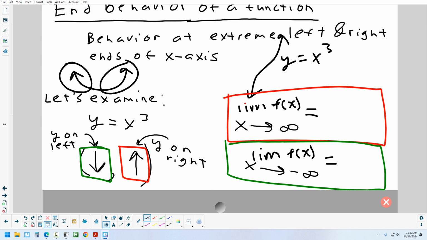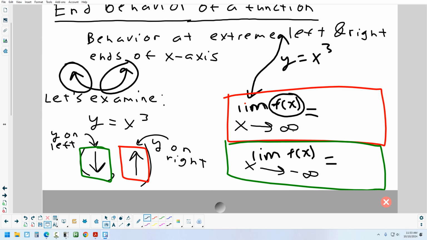So this red box says the limit of f of x as x approaches infinity is, and then you write an answer. A simpler way to say it: what is happening to the y value as x heads to the right? Infinity is to the right.